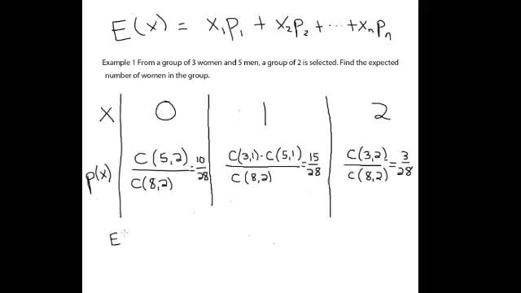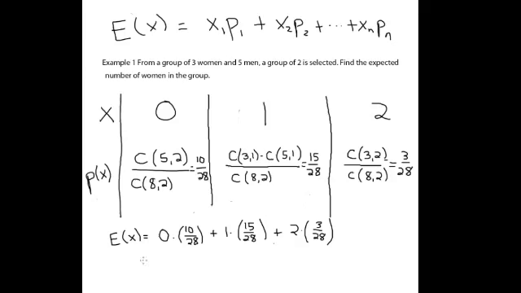So E of x will equal 0 times 10 divided by 28 plus 1 times 15 divided by 28 plus 2 times 3 divided by 28.